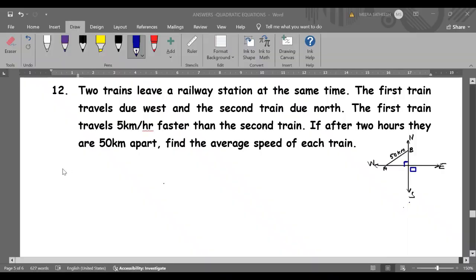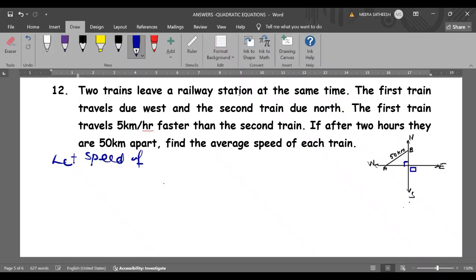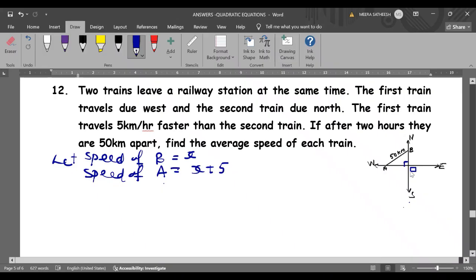So let us assume the speed of the second train, that is the speed of B, is equal to x. So the speed of the first train A will be 5 kilometers faster, no? So x plus 5. And we have to find the distances OA and OB from the starting point.